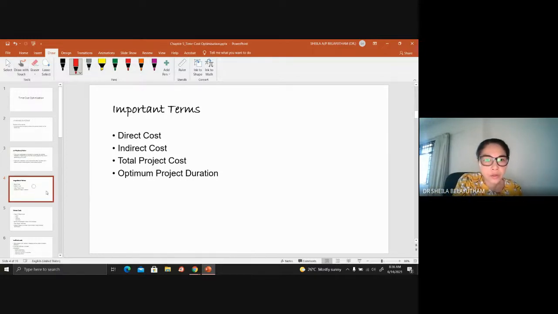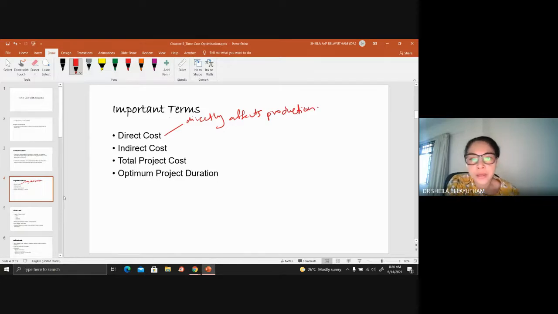When we are talking about direct costs, it is anything that directly affects production. Any cost that affects your direct production, which means without this cost input, your production would be affected.